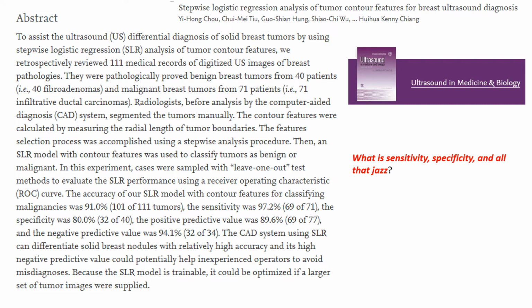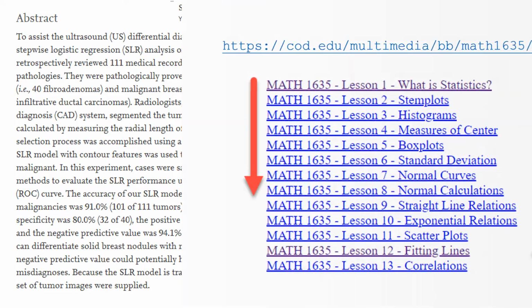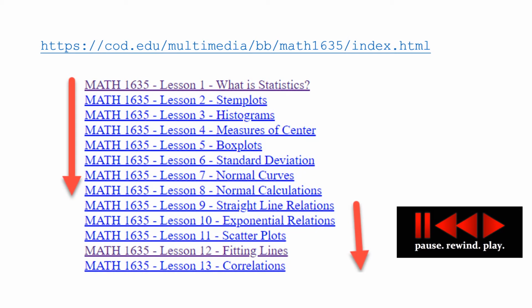Okay, so there is this introductory video. There's also the one dealing with specificity, sensitivity, and all that jazz. And then there are some statistical lessons that you'll do.